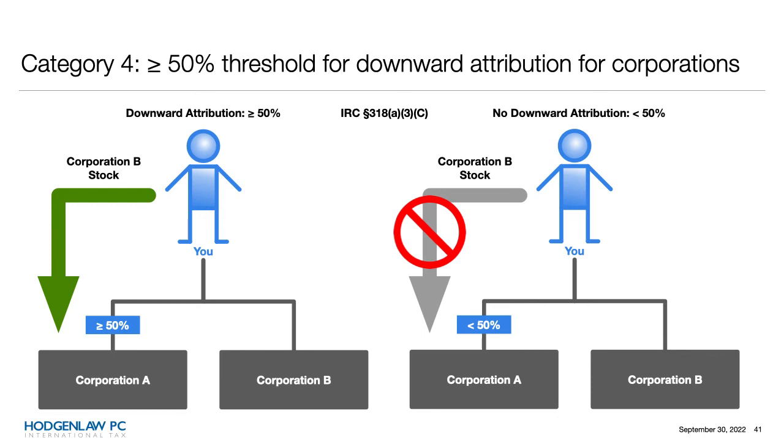So here we have a situation, just to talk it through briefly, where you, blue stick figure, own stock of Corporation A and own stock of Corporation B. On the left, you own at least 50%, but up to 100% of Corporation A. In that case, Corporation A must pretend that it owns the stock of Corporation B. By contrast, on the right, you own less than 50% of Corporation A stock.